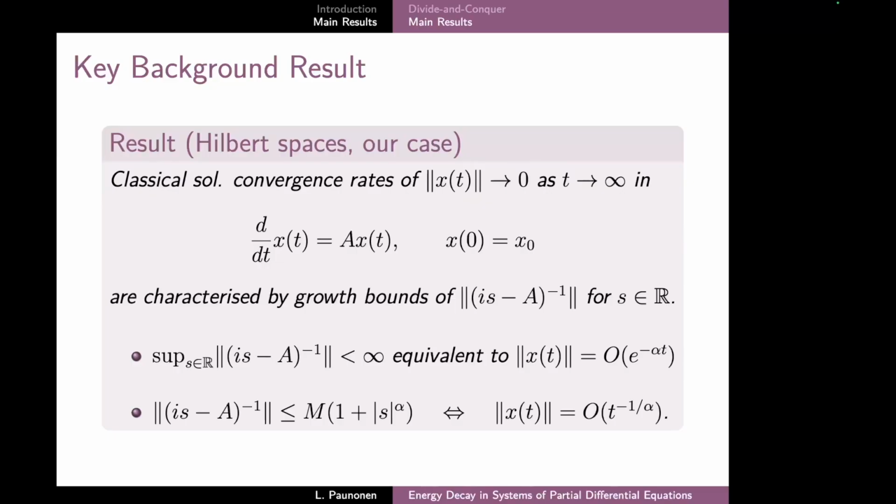And the first part of this result is quite classical and dates back to the 1970s and 1980s. And the second part of the result describing the rational decay of energy is much more recent, and it was shown in 2010.